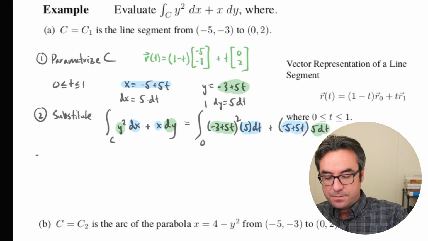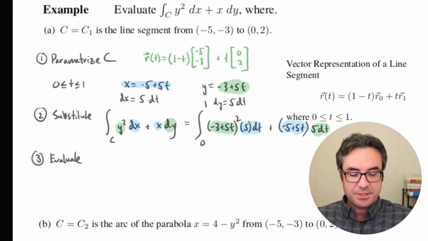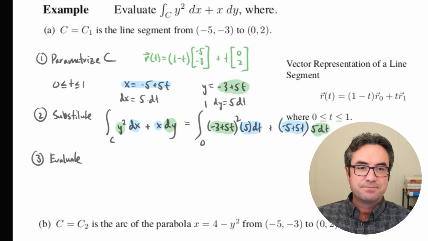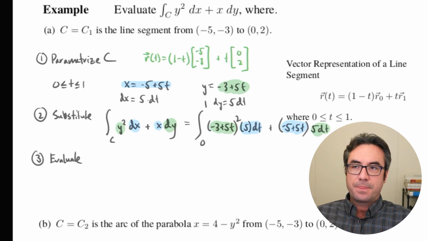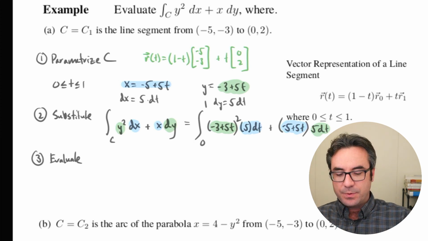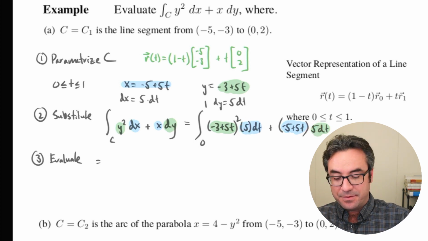So the first item of business is that these two differentials, we don't need both of them anymore. So we can just consolidate this into one single definite integral. So we end up with the integral, well, what do we get? There's a 5 in both of these. So let's factor out a 5. Maybe put that in front.